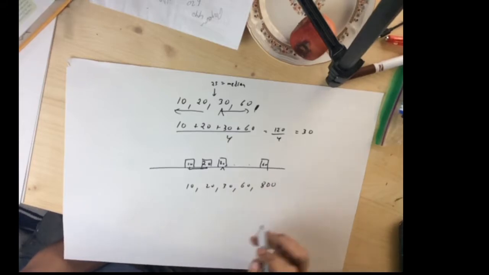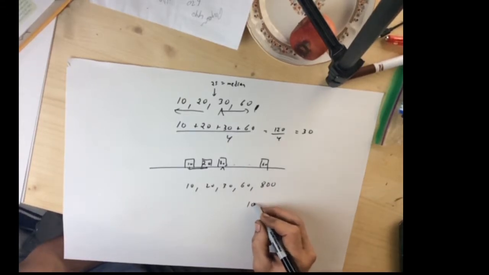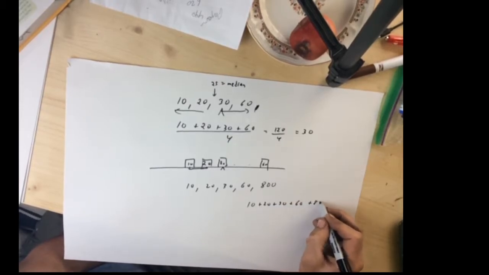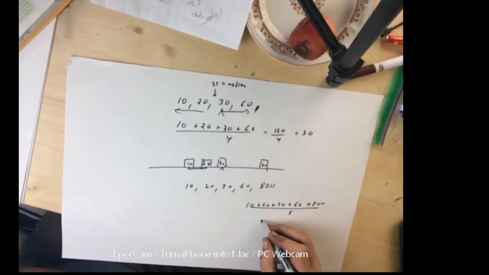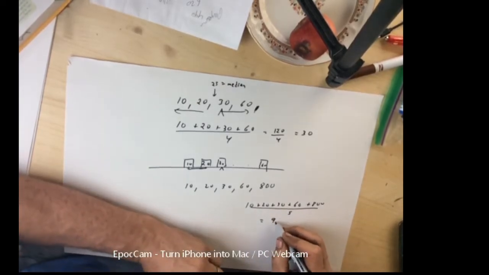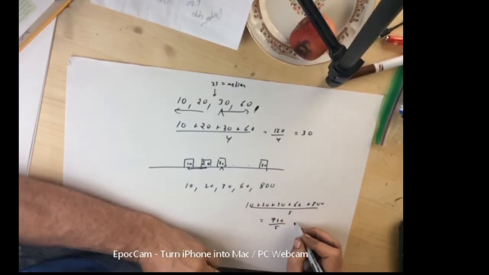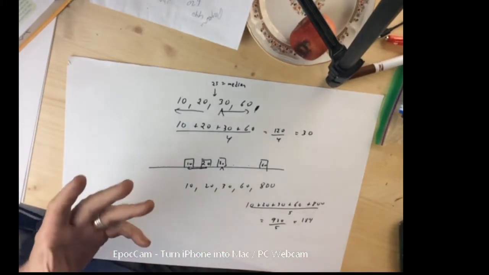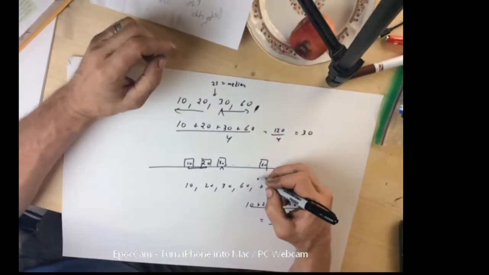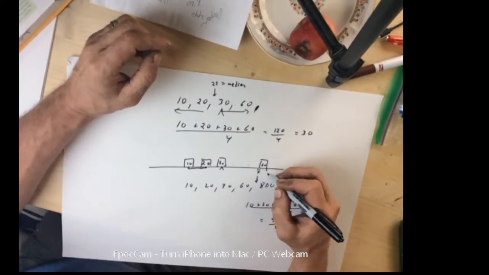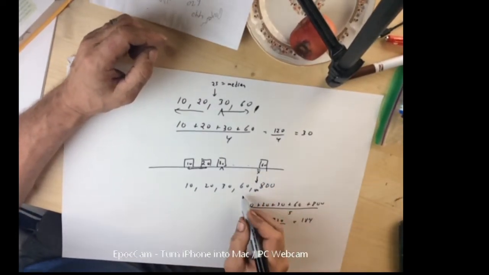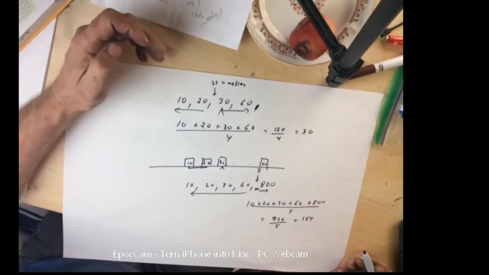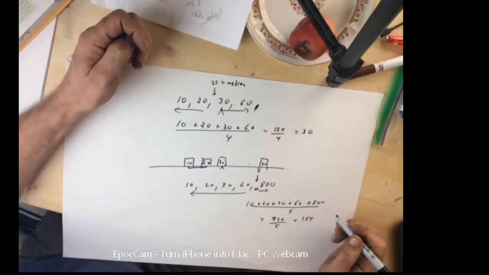And so this set of data, when you say 10 plus 20 plus 30 plus 60 plus 800 over 5, well, that's 920 over 5, which is 184. That's a big number. And so your average of your data is 184. Notice 4 lie to the left of it and just 1 to the right. This is what can happen with the mean.